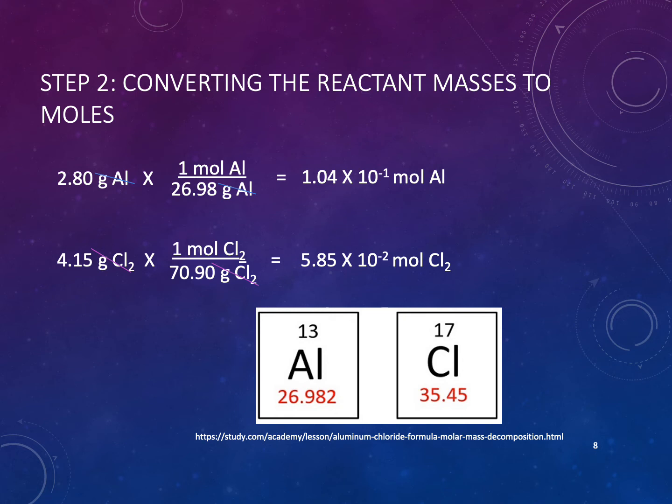That would give us 5.85 times 10 to the power of negative 2 mole chloride. And you can see here that our equation is right because we have canceled out the grams in both of the reactants to leave us with just mole.